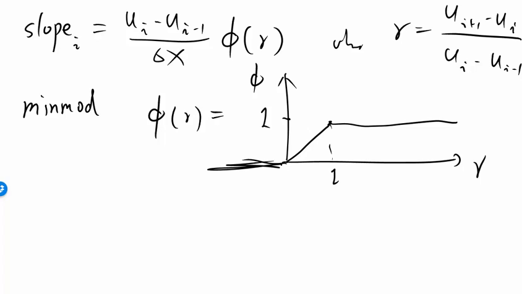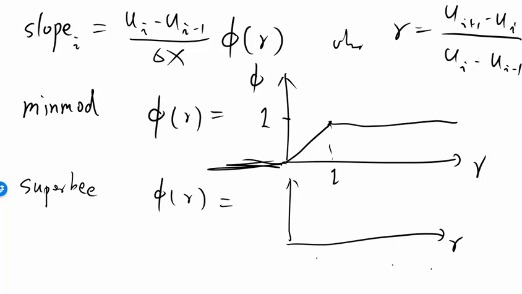And another limiter is the opposite, we call Superbee. It's going as high as possible. Its phi of r is equal to a function like this. It goes all the way to 2. At r equal to 1, it has to be equal to 1, but in the middle it goes like this.